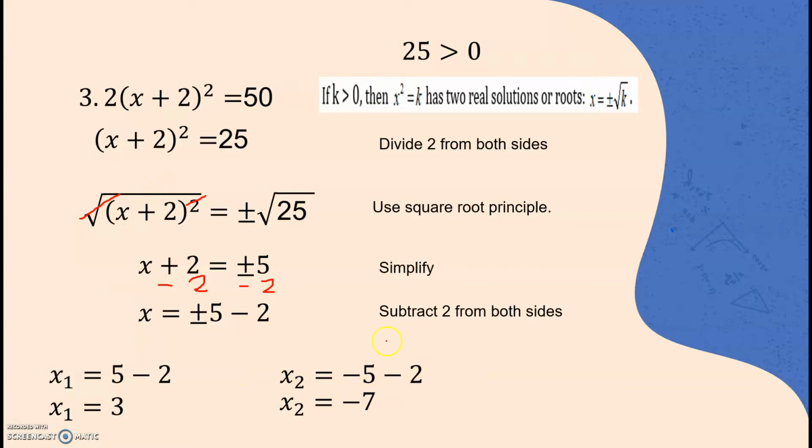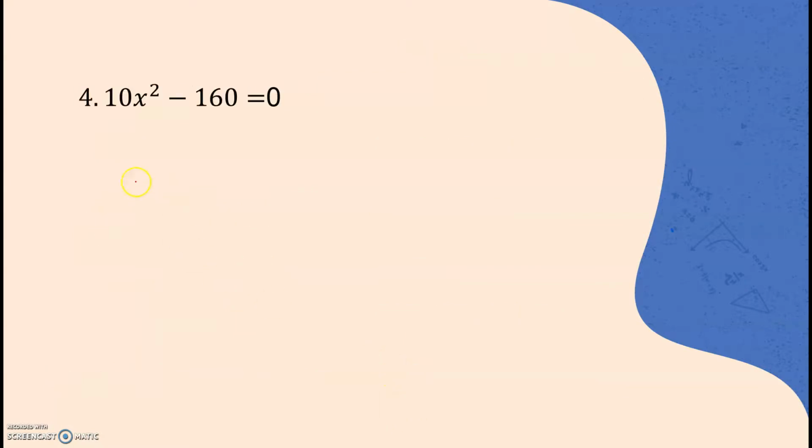For the checking, you can do it by yourself. Let's go to example number 4. 10x squared minus 160 equals 0. Again, I have already said earlier, there are times that there will be coefficients of the quadratic term x squared. So you have to do something so that it will be reduced to 1.